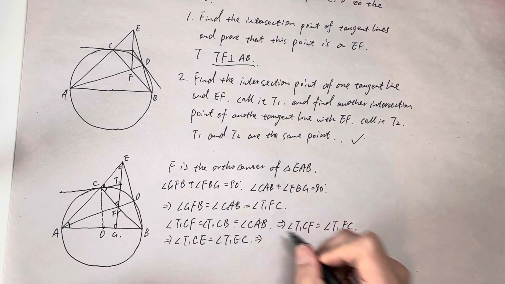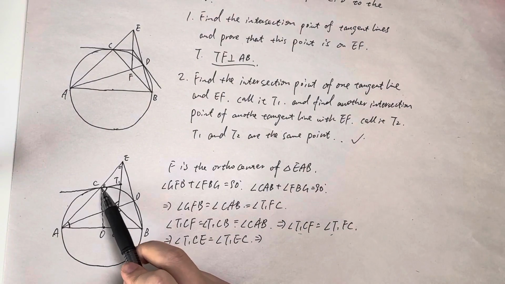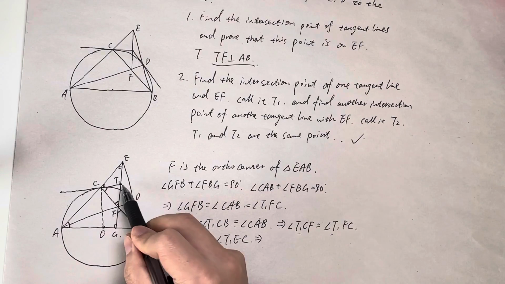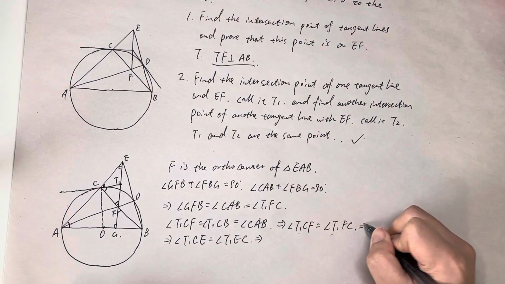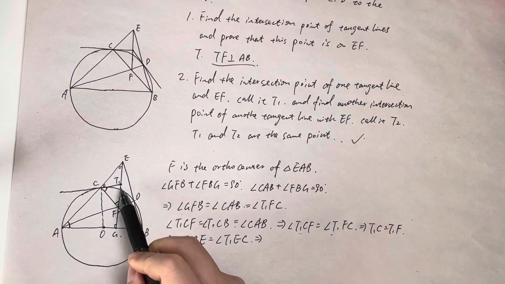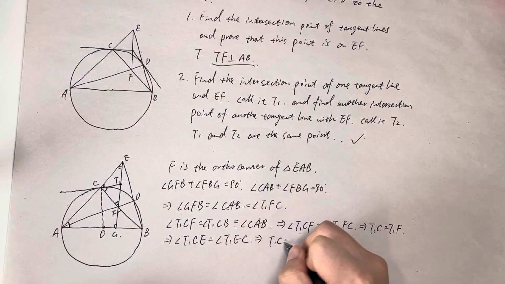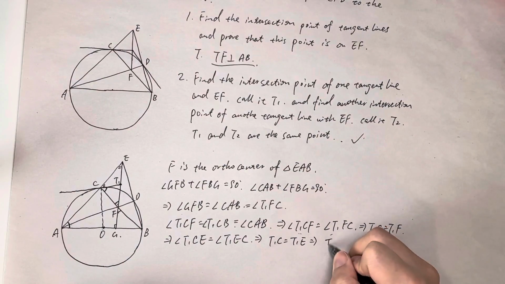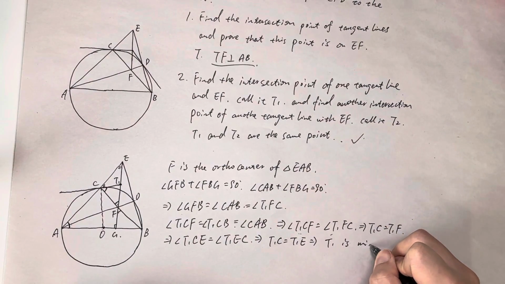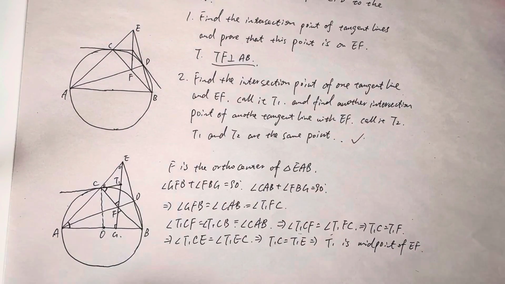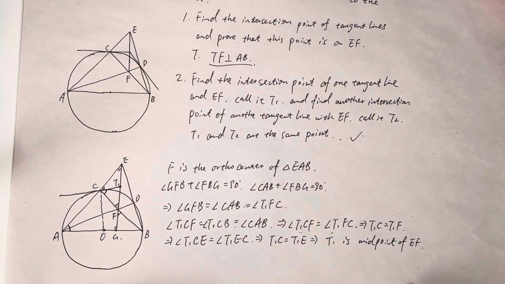Which means, from here, angle T1CF equals angle T1FC. That tells us T1C equals T1F. And from here, we know that T1C equals T1E. So we know that T1 is the midpoint of EF, right?